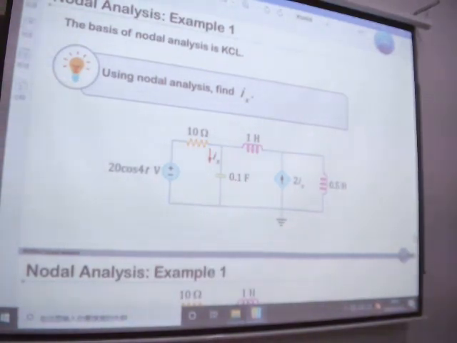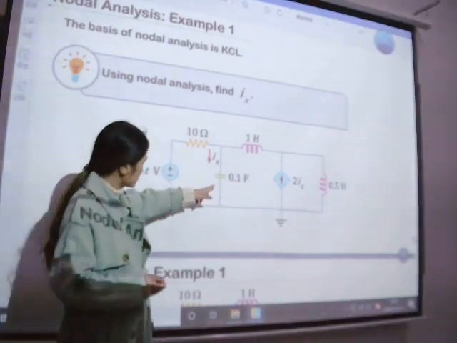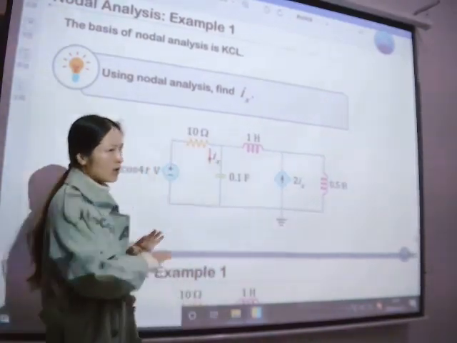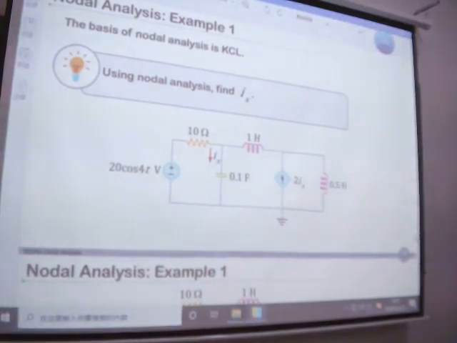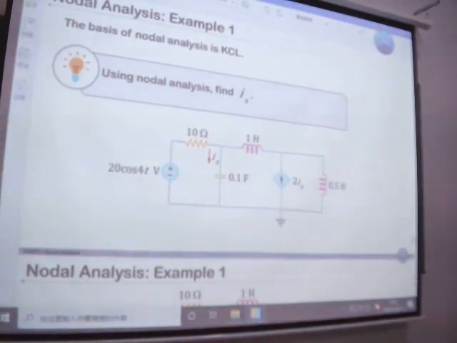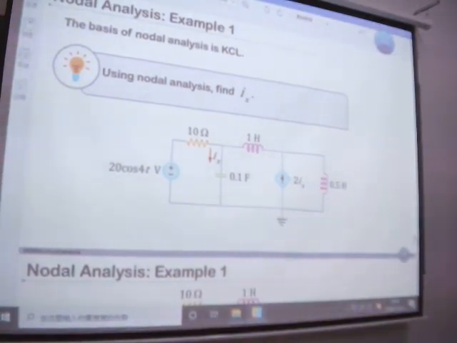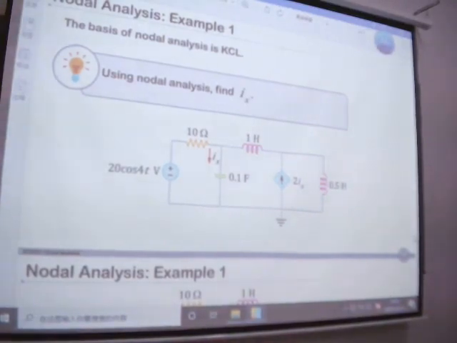The things we change are the source, the C, and the L. So we just need to calculate j omega L and minus j, 1 over j omega C. For the L, you can see we have 1 Henry and 0.5 Henry here.